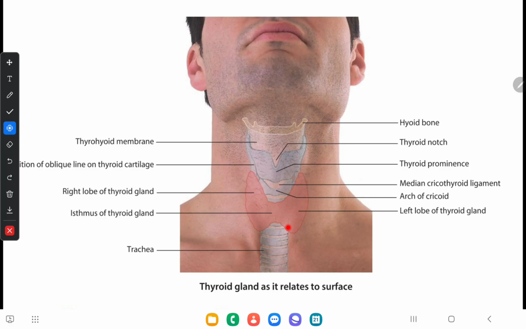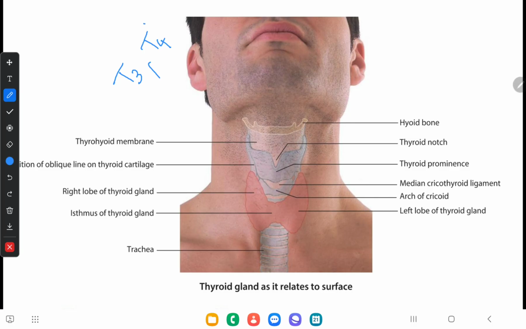The thyroid gland is a highly vascular endocrine gland. It is situated in the lower part of the front of the neck, in close relation to the larynx and the trachea. The follicular cells of the thyroid gland secrete triiodothyronine, that means T3, and tetraiodothyronine, that means thyroxine, T4 hormones, which raise the rate of metabolism.